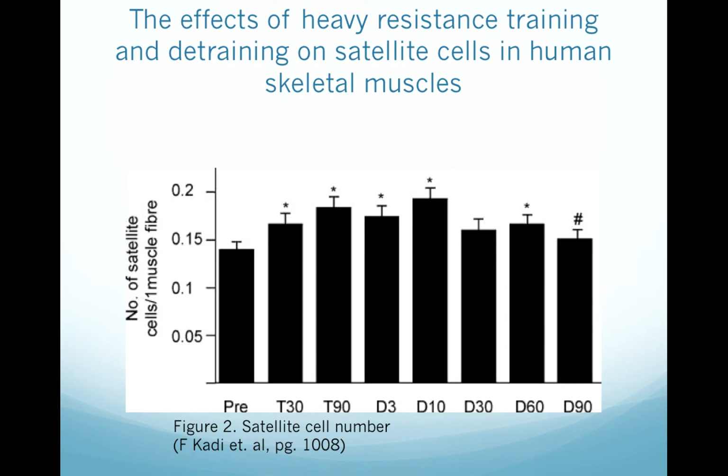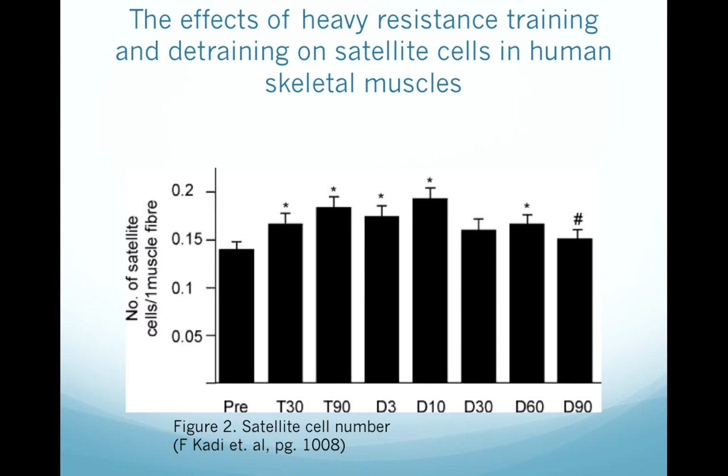Right. This figure shows the satellite cell number per muscle fiber before training, after 30 days in the resistance training program, after 90 days in the program, and then the detraining program. So the 3, 10, 30, 60, 90.